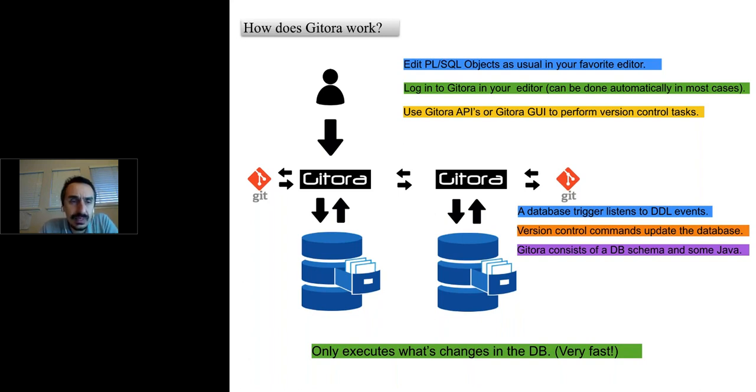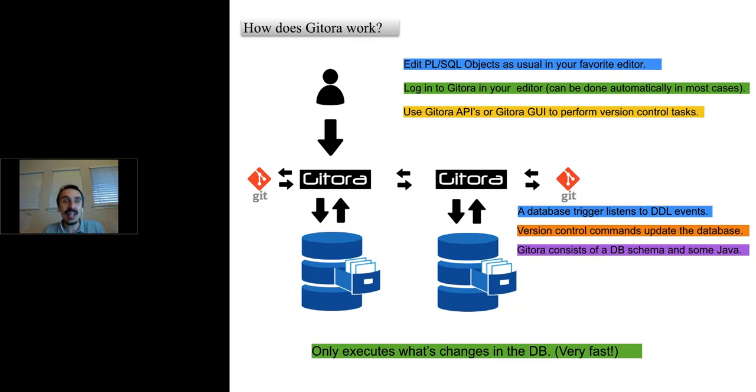So, if you're curious, this is how Gitora works. Basically, the way you work is that you can edit PL SQL objects as usual in your favorite editor. The only additional step is that before you edit anything, you need to log into Gitora in your editor. And in most cases, this can be done automatically. Michiel wrote a great blog post about how to do that. He also answered a question about this in our Q&A site.